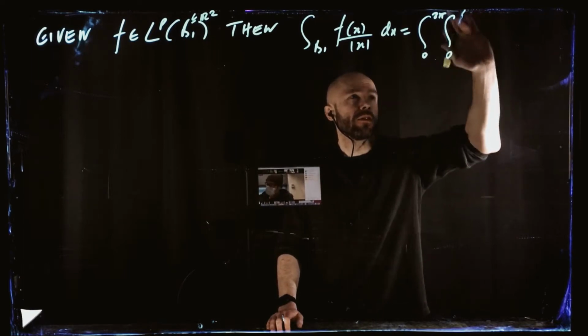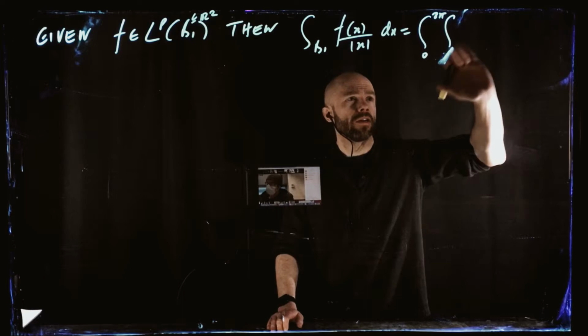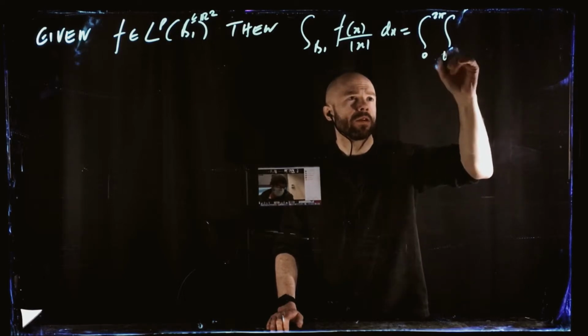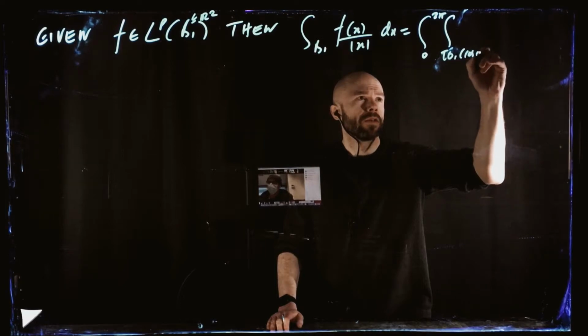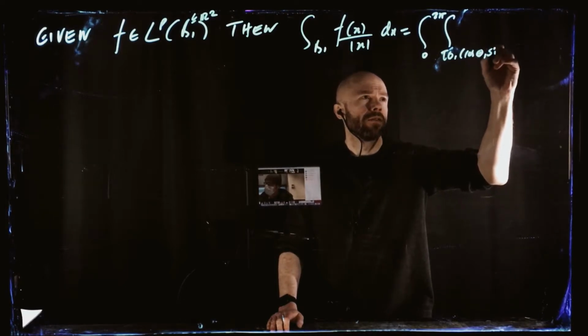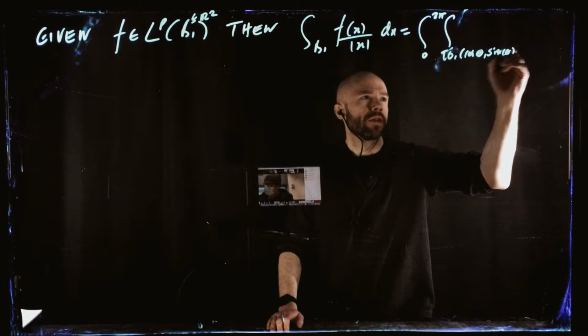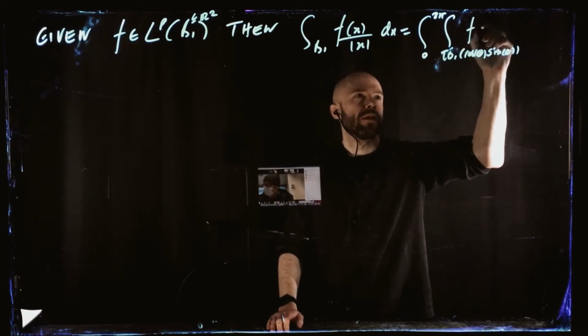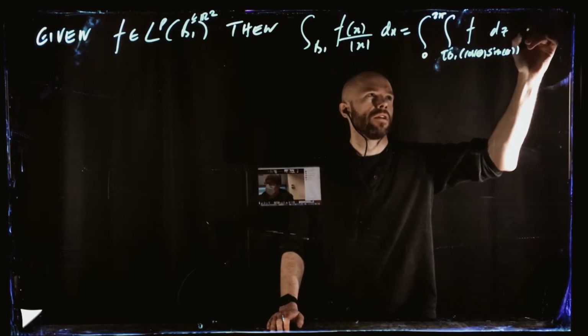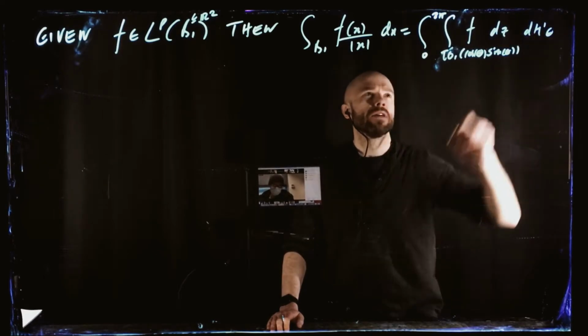We're integrating over the line segment going from 0 to (cosine of theta, sine of theta) of f dz dH^1 of theta.